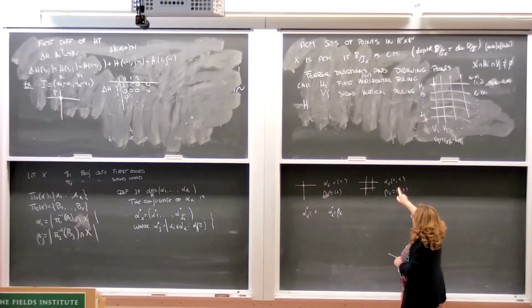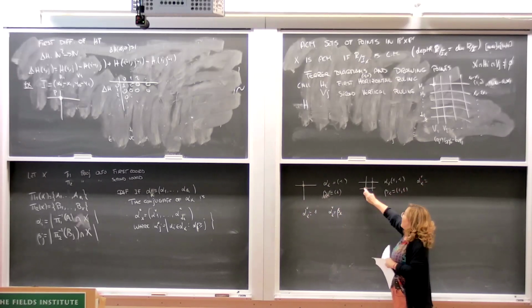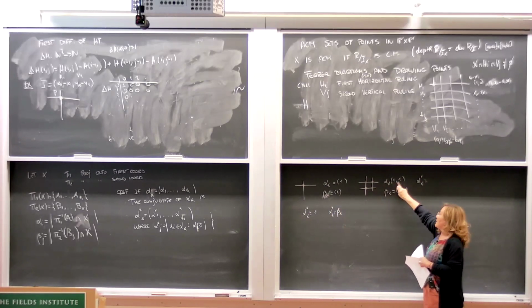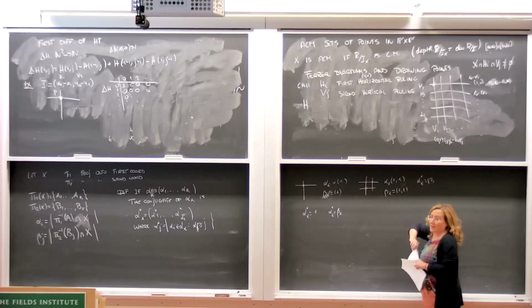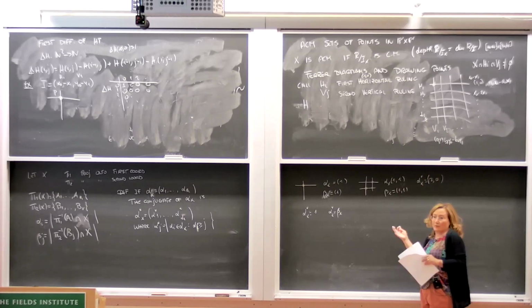But if we take the conjugate of alpha in the other example, how many entries do we have bigger than or equal to 1? That is 2. Then bigger than or equal to 2, we have nothing.